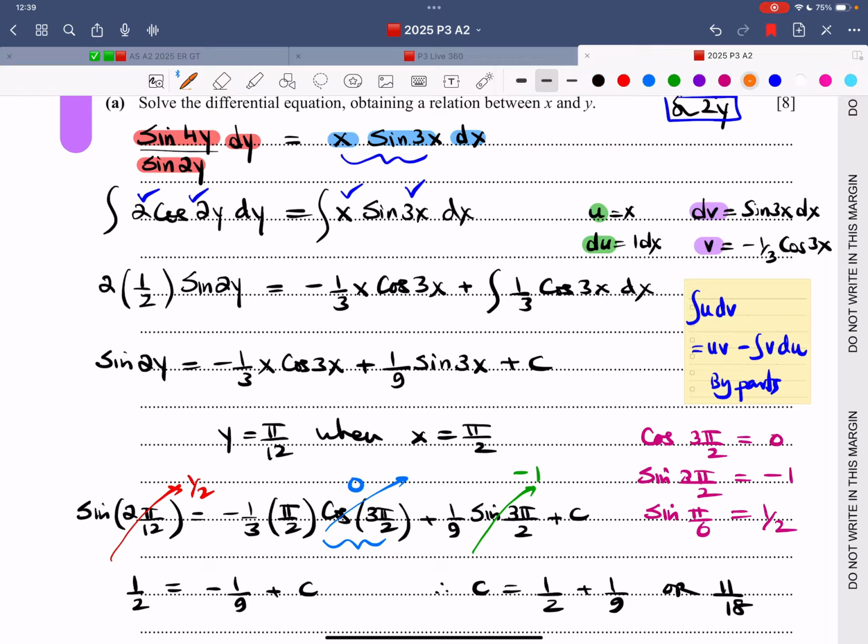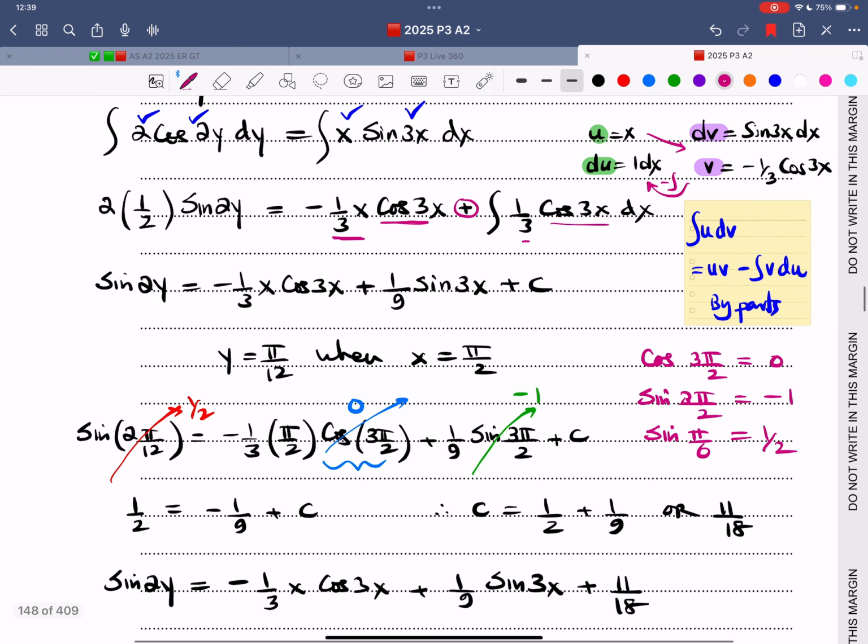Follow the arrows. So this is u v minus integral v du, so minus becomes a plus integral v du. This is direct integration. Integral of cos 3x is 1/3 sine 3x. That 1/3 multiplies with this, it becomes 1 over 9.